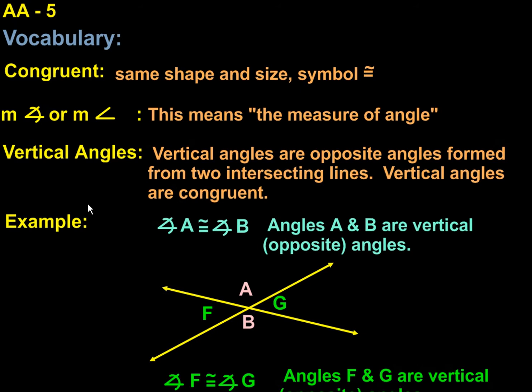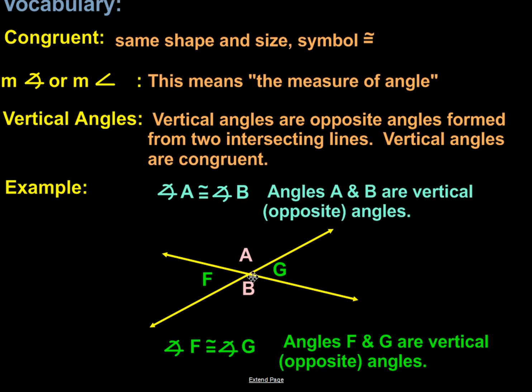Vertical angles are opposite angles formed from two intersecting lines. Vertical angles are always congruent, so it means they have the same shape and the same size. An example. Here we have two lines that are intersecting. The opposites are labeled by the same colors, so A and B are an opposite and F and G are an opposite.